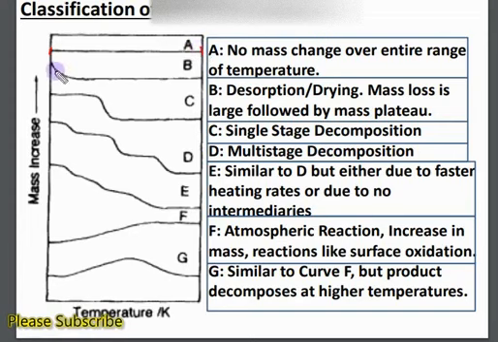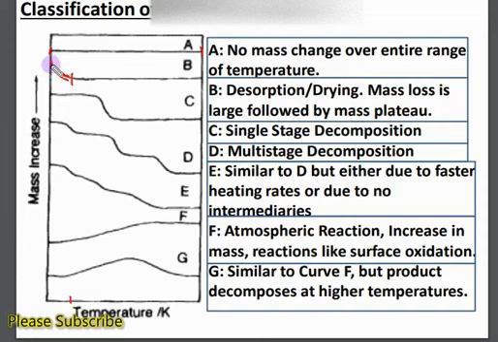If we look into curve B, in the initial position here we are seeing there is a decrease in the mass of the sample, and after that there is stability. This change in mass is desorption of something or drying of some substance, because the temperature we are seeing here is around 100 degrees Celsius, and this could be the drying process of the sample, followed by a mass plateau.